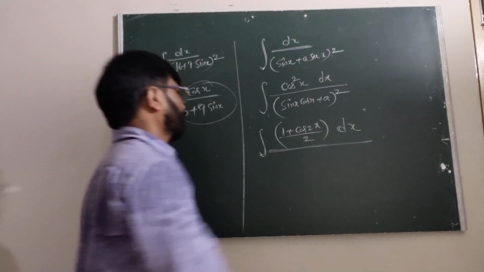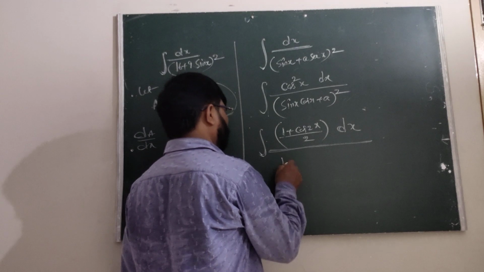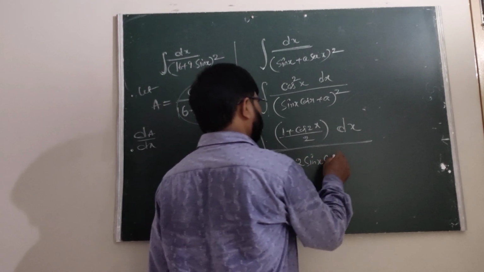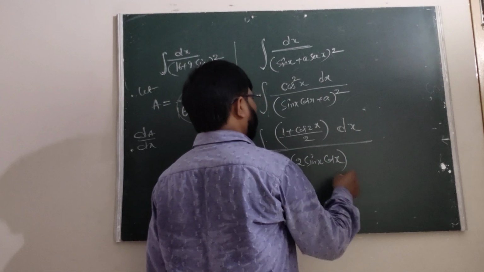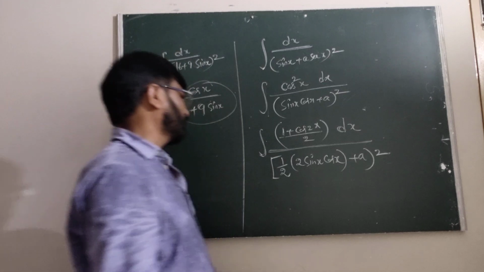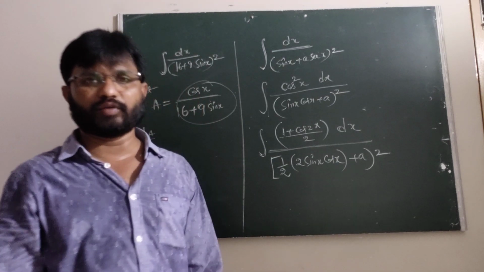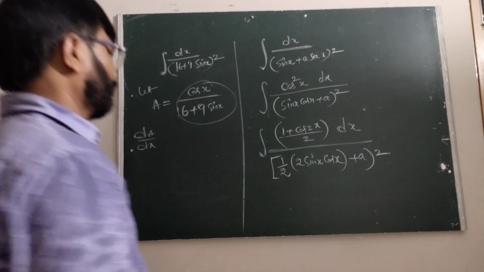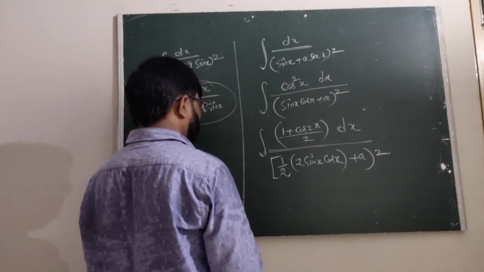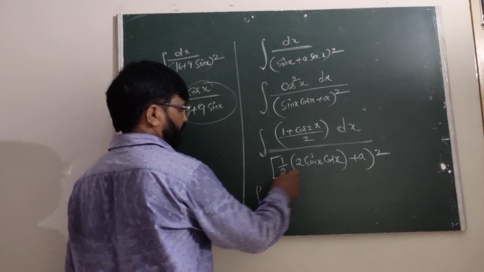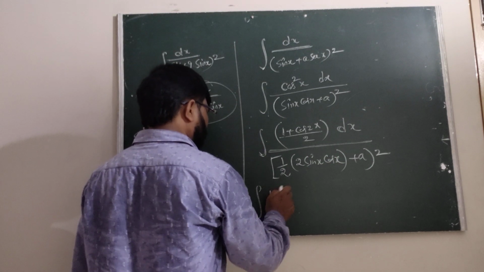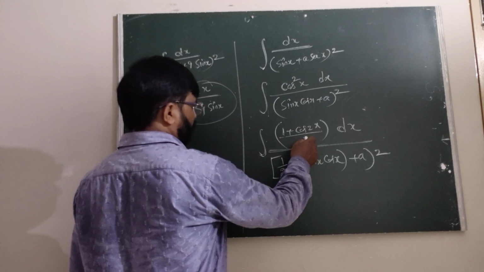This is into 2 by 2. Now this is 2 sin x cos x plus a whole square, then it is sin 2x. Here the LCM is 2a. Now taking the LCM, 2 square is 4.